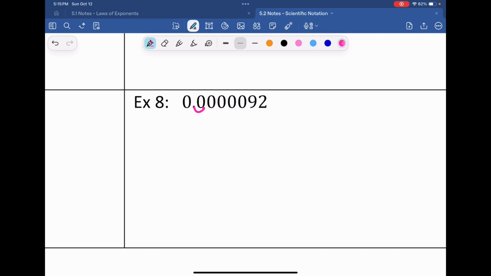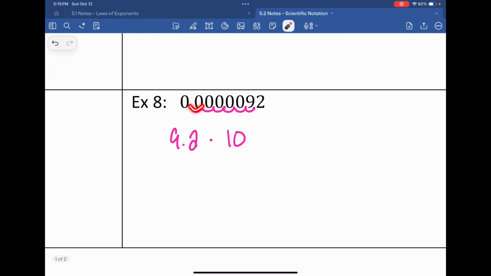No. Another space, that's 0.00092. 0.0092. 0.092. 0.92. And 9.2. There's where a digit is. And that was 1, 2, 3, 4, 5, 6 places.